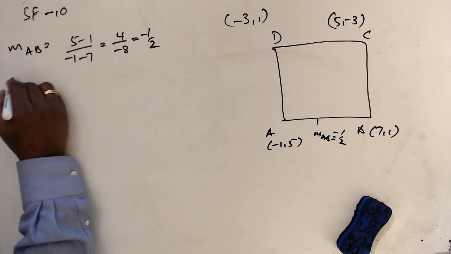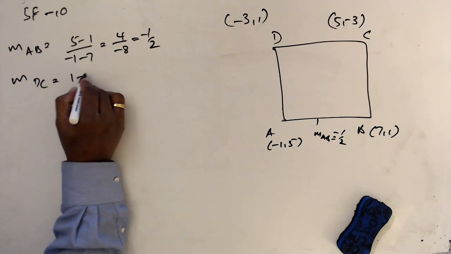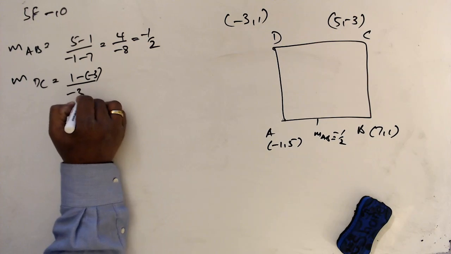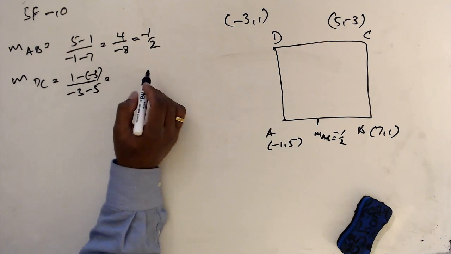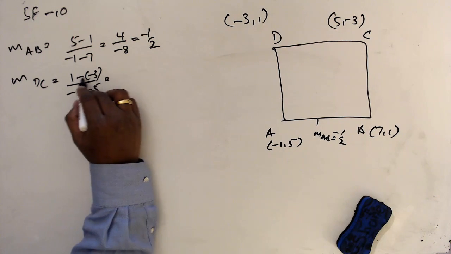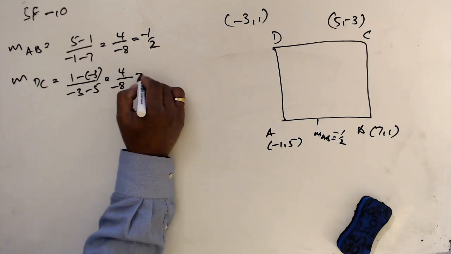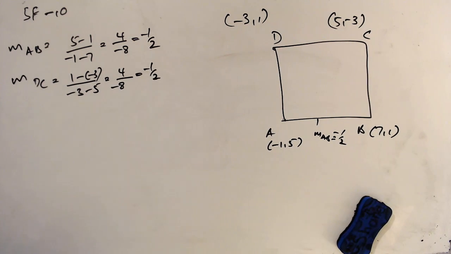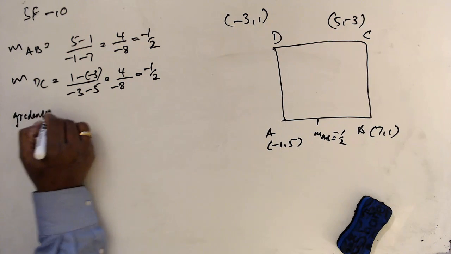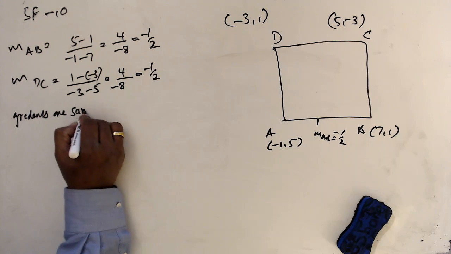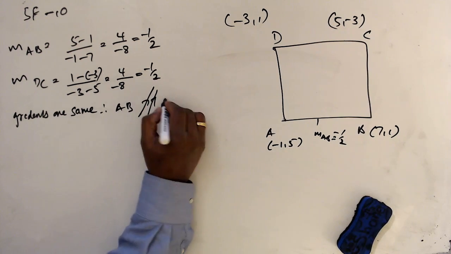Then mDC: 1 minus minus 3 over 3 minus minus 5, which is 4 over 8, giving minus half. So the gradients are the same, hence AB is parallel to DC.